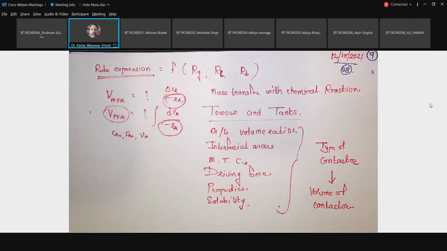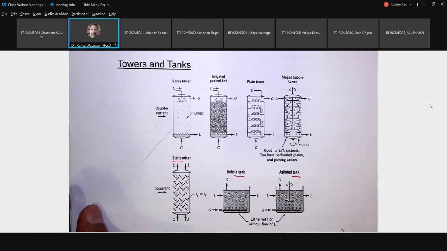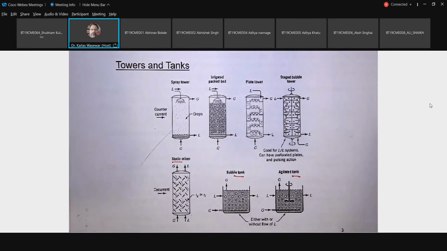So different types of towers and tanks you can see in the figures also, like the spray tower, irrigated packed bed, plate tower, staged bubble towers, static mixers, bubble tank, and agitated tank.